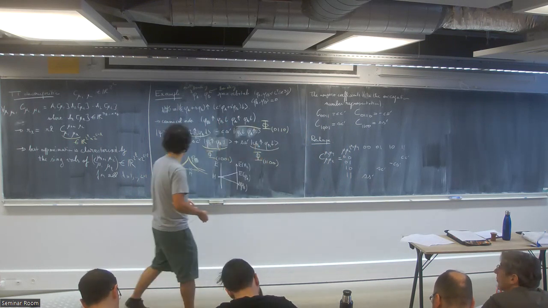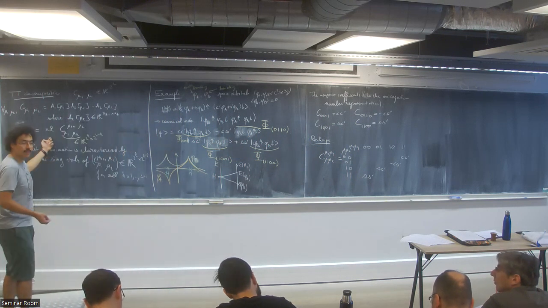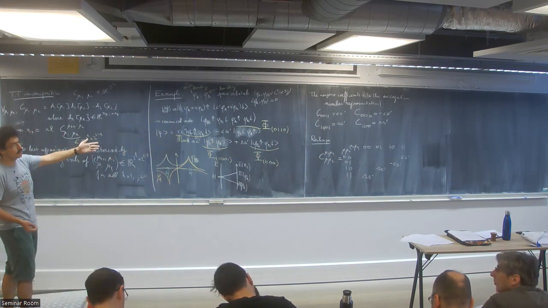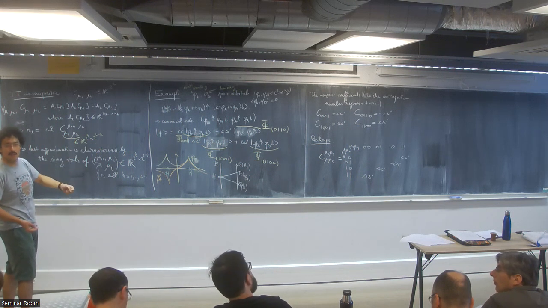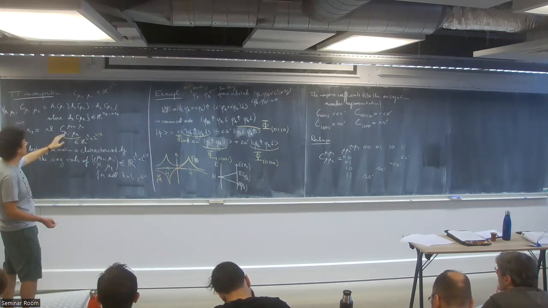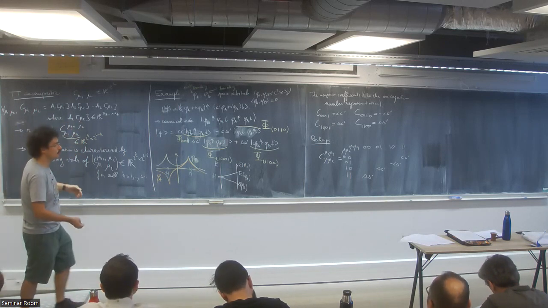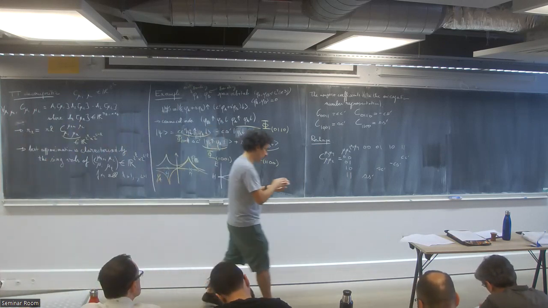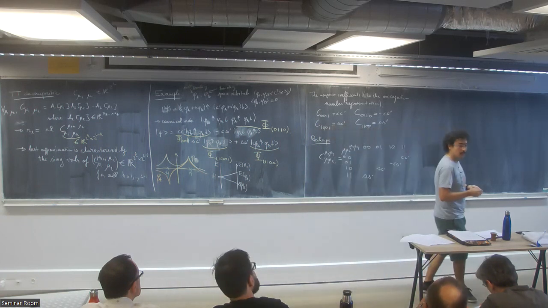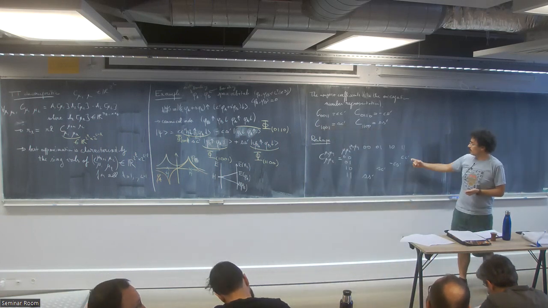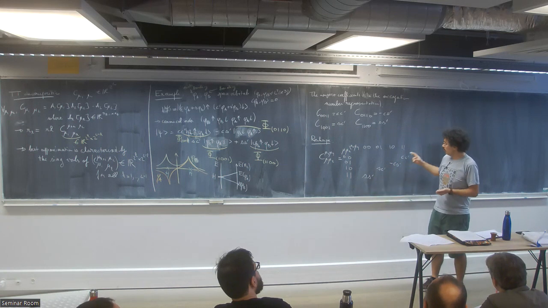By this characterization, to get an exact representation of this tensor, I need a rank 4 matrix for R2. So R2 needs to be equal to 4. It's anti-diagonal.